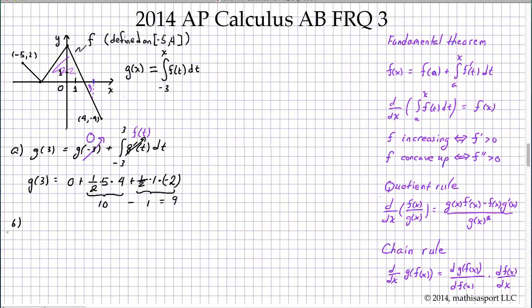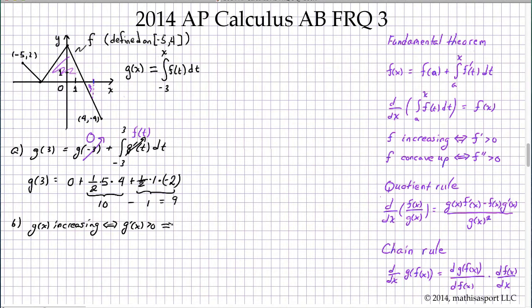What does B ask for? We need to find the open intervals between negative 5 and 4 where g is increasing as well as concave down. Let's start with g increasing. g of x increasing is simply another way of saying that g prime of x is greater than 0.